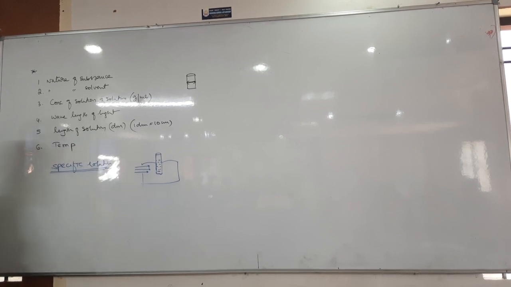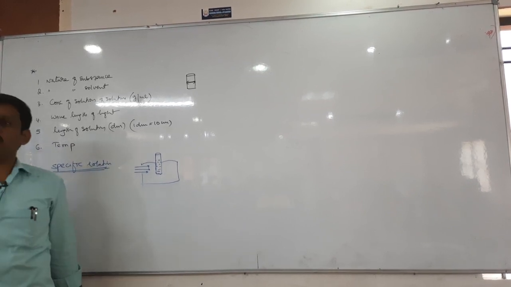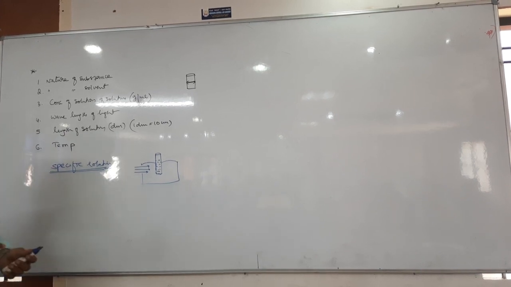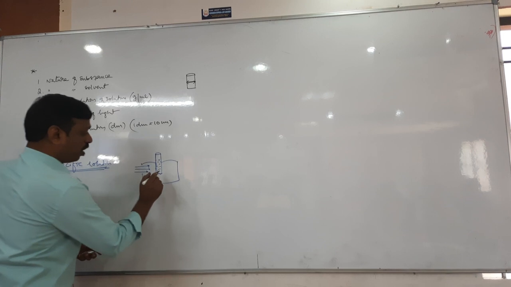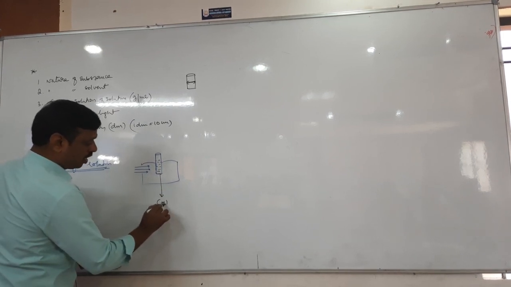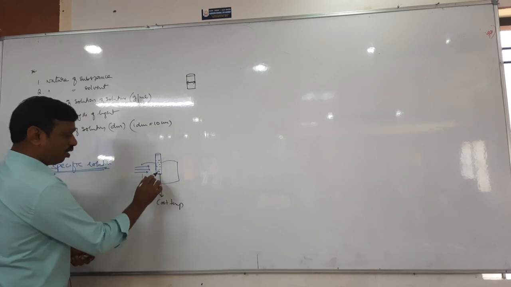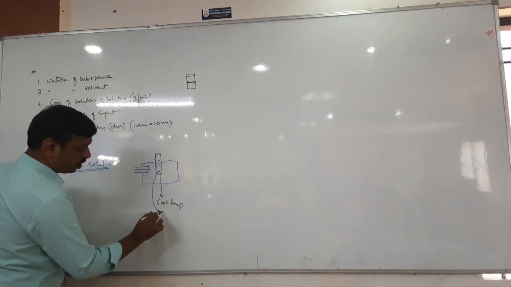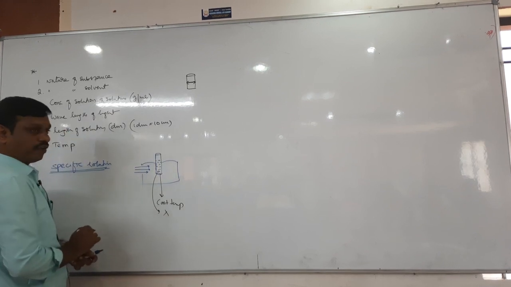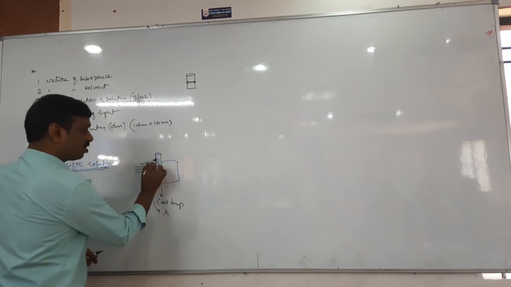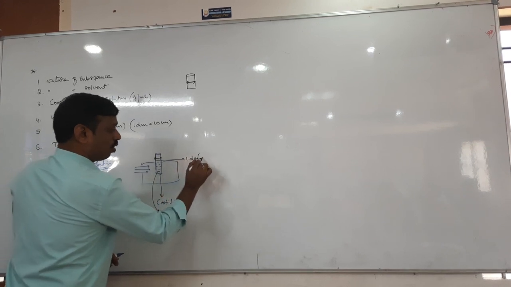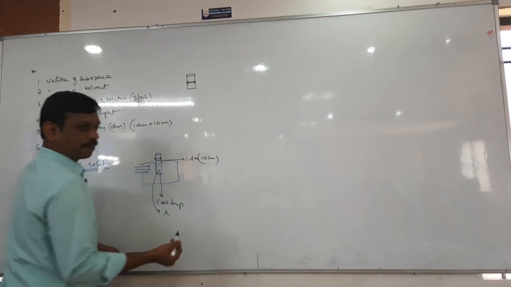Now what is the specific rotation? In specific condition, what are the specific conditions? Condition 1, temperature is constant, and a given particular wavelength, lambda. The length of the solution must be 1 dm or 10 centimeter.